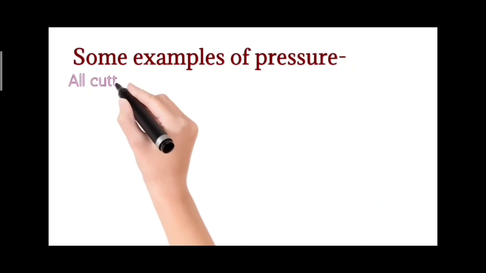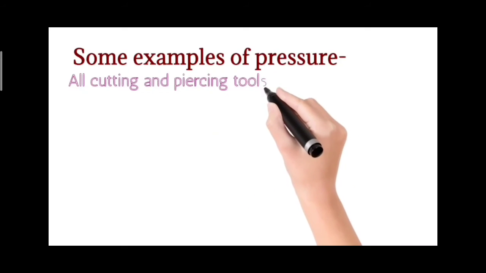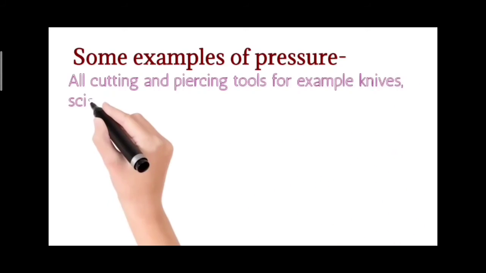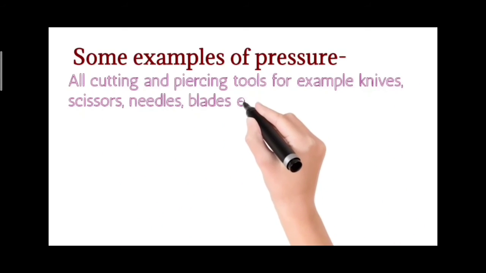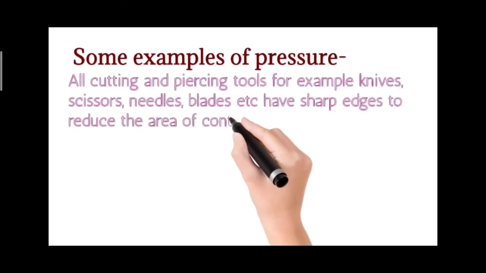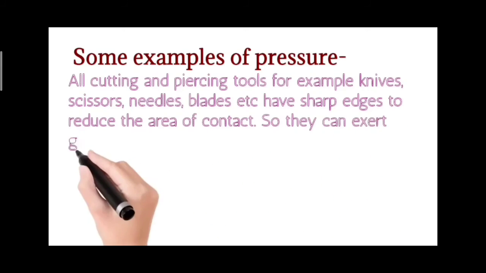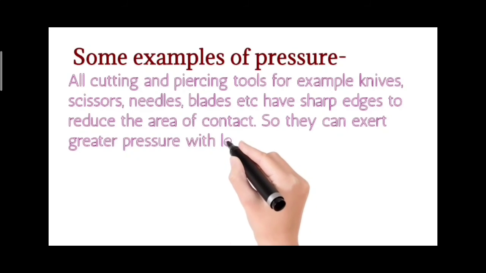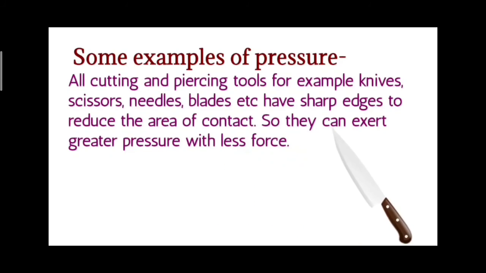Some examples of pressure. All cutting and piercing tools, for example knives, scissors, needles, blades, etc., have sharp edges to reduce the area of contact, so they can exert greater pressure with less force.